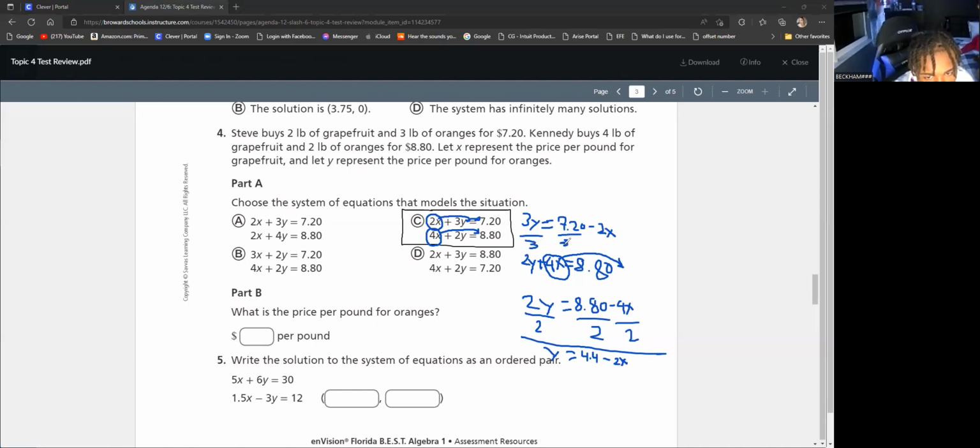Yep. Okay. All right, write it on the side. Y equals what? Just leave it in fraction form. 720 divided by 3. What is that? 720 divided by 3.